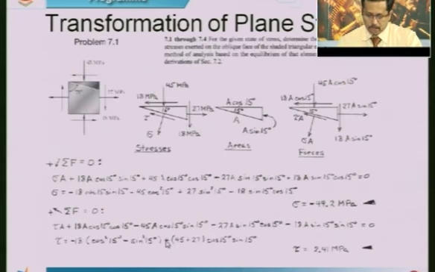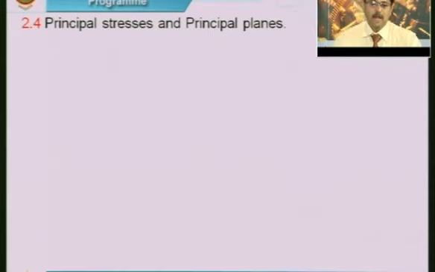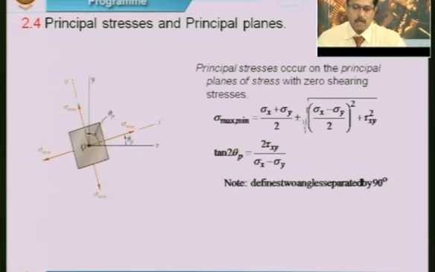We have solved a few problems on this, how to find the normal stresses and the shearing stress on a given plane. Then we discussed principal stresses and principal planes, where we use these equations to get the maximum and minimum principal stresses and the principal planes.